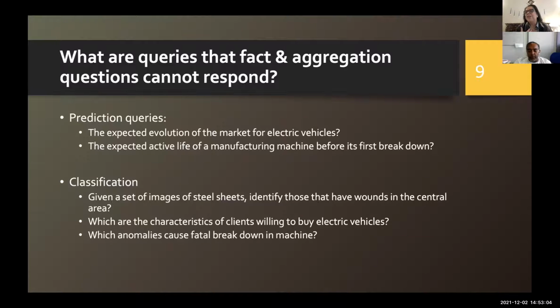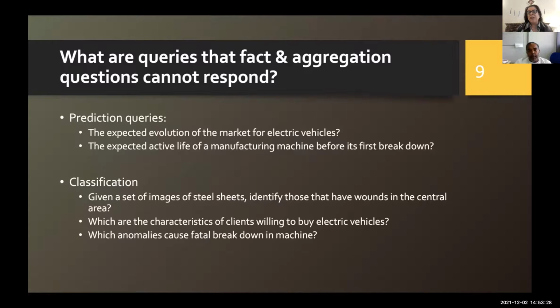We humans understand the world by classifying. So classification is one of the problems that I cannot solve with factual and aggregative queries. For example, given a set of images of steel sheets, identify those that have defects in a central area.